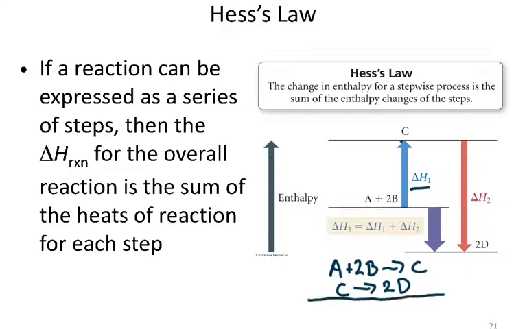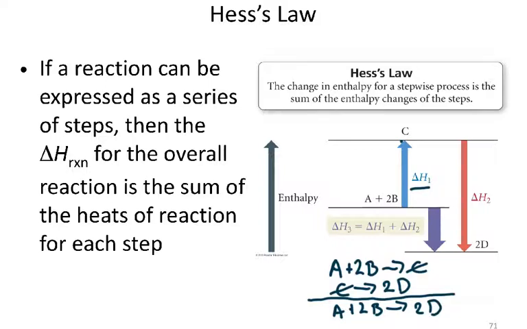If I add those together, my C's cancel out because they're the same on the product side and the reactant side. And I have my overall reaction of A plus 2B goes to 2D.